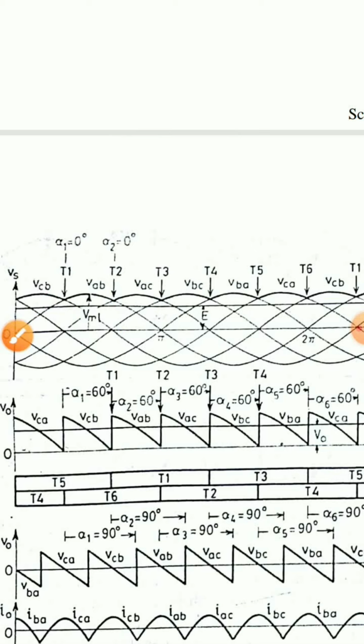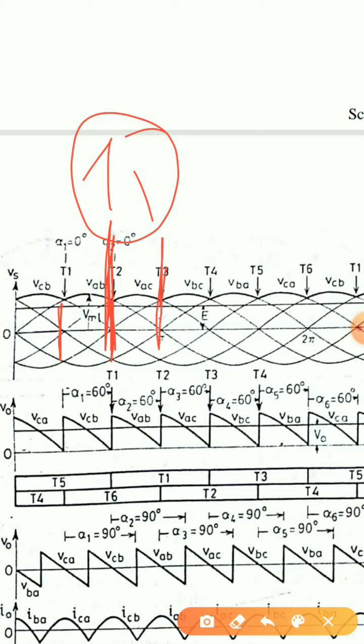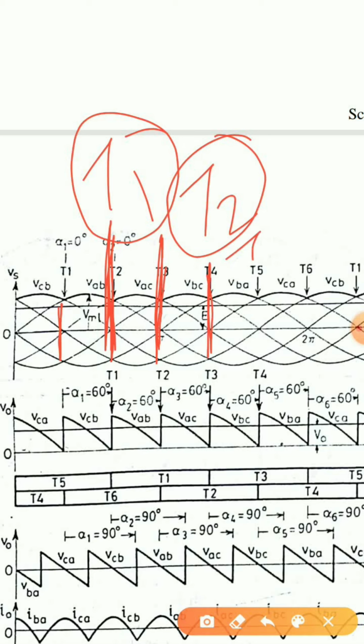As we know, this is 60 degree and this is 120 degree. So at 120 degree my thyristor T1 will turn on. Then after that I add 60, and at this point thyristor T2 will turn on. After that again I add 60, and here T3 will turn on.